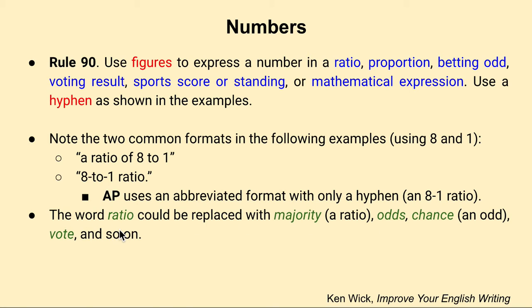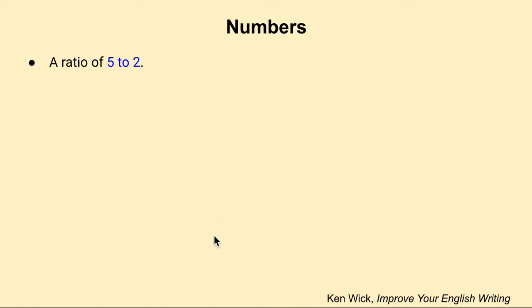And the word ratio in many of the examples on the next two pages could be replaced with words like majority, odds, chance, vote, and so on. So even though I'm using the word ratio, you could probably replace it with different words and come up with the same thing. So let's get to the examples. A ratio of 5-to-1.